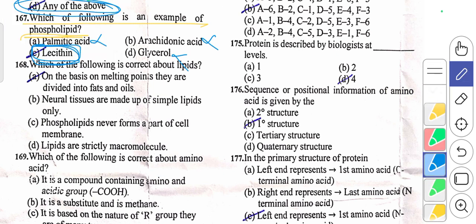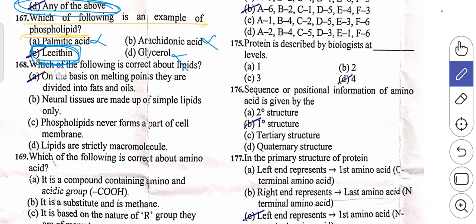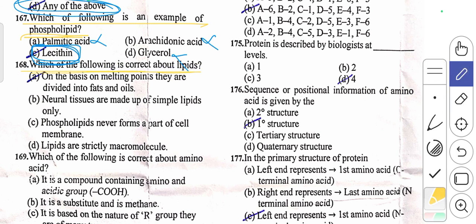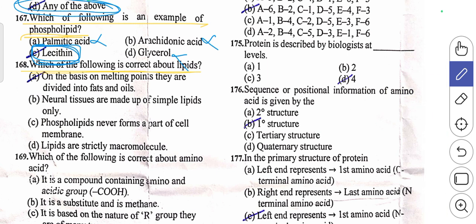Then next one, which of the following is correct about lipids? Right thing we need to choose. On the basis of melting points, they are divided into fats and oils. Yes, this is true. As we all know, lipids can be divided into fats and oils based on the melting points. Second option, neural tissue are made up of simple lipids only.